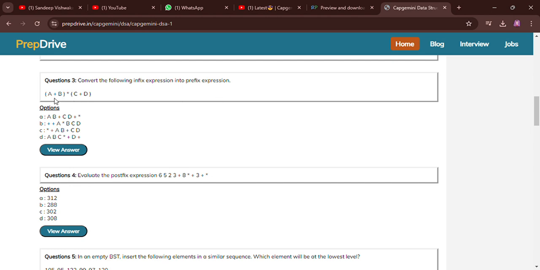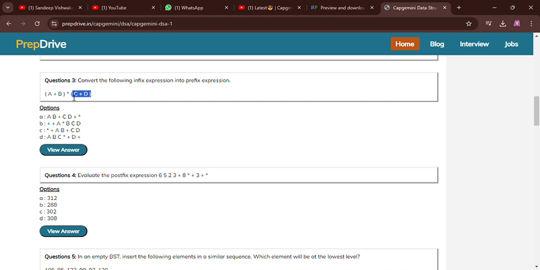Here we solve this section first, and then this section, and then apply multiply. First a plus b. What will be the answer for that? Plus ab, in prefix notation. So plus ab will come first, and then we solve c plus d, so plus cd will come here.